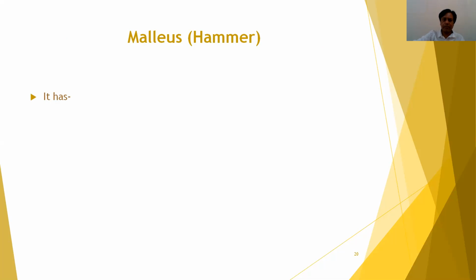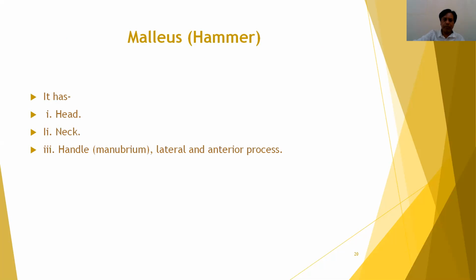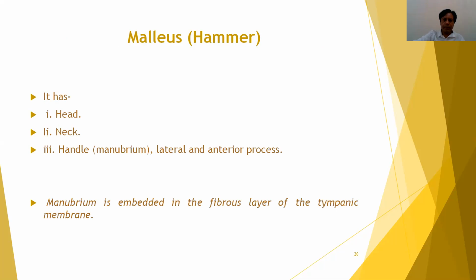It has head, neck, handle or manubrium, and lateral and anterior processes. Manubrium is embedded in the fibrous layer of the tympanic membrane. That is the middle layer of the tympanic membrane.